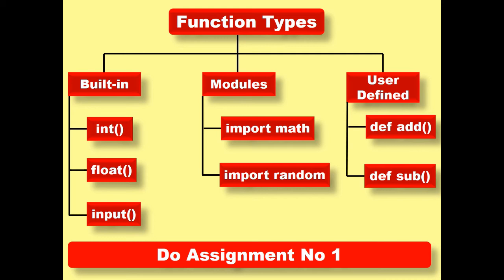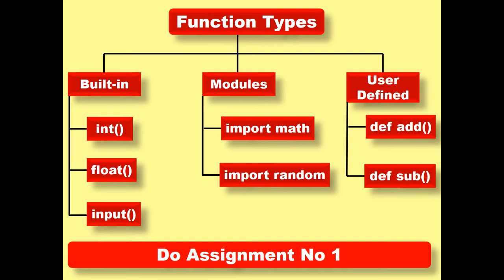For example, here it is int, the int function for accepting a value without decimal, and float is a function which accepts a value with a decimal part, and again input is a built-in function which allows us to accept a string value by default.